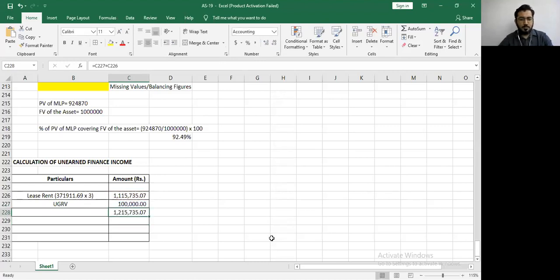The total comes to 12,15,735. Solve till here.